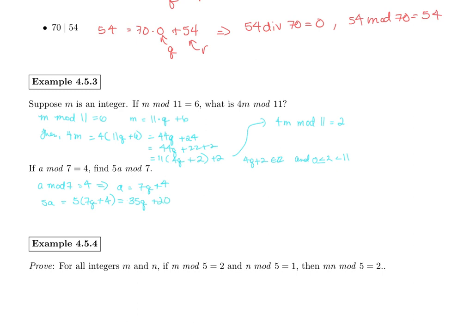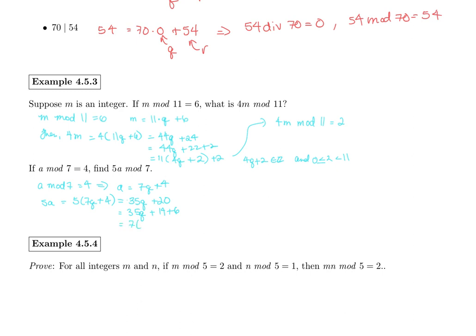And we want to know what 5a mod 7 is. So we need to pull out the highest multiple of 7 we can out of everything. Well, that's not hard to do on the first one, but we need to split up that 20. It's almost 21, so it's not quite 21. We're not going to be able to pull out a full 21, so we're going to have to pull out a 14. And 14 plus 6 gives us 20.